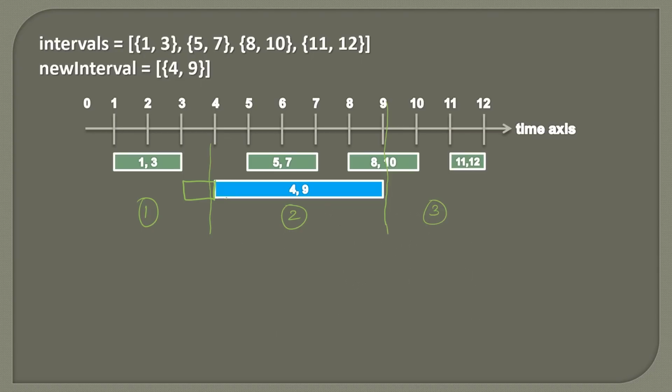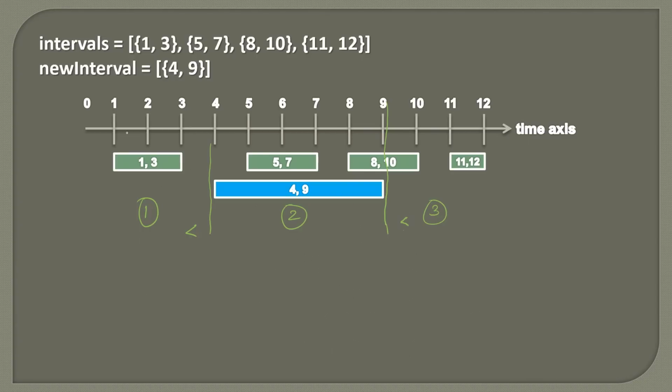And so we need to keep this condition in mind: in region 1 we have to simply check for less than intervals. In region 3 it should be greater than the end time, and in this region if they overlap we have to directly merge them. So how we can solve this type of problem is, we have to take these 3 regions.